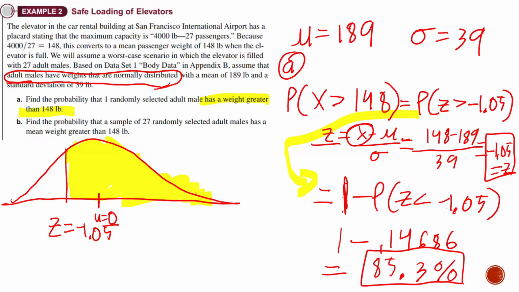100 is a very light person, right? So which is more likely, just intuitively: that you randomly select a person who is very light, or that you randomly select 27 people who, averaging each other out, are very light? The second one's less likely. So that means this will be more likely. You'll be more likely to be over this number that is much smaller than the mean, and you'll see that here.